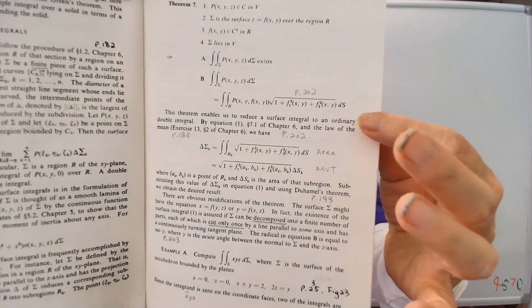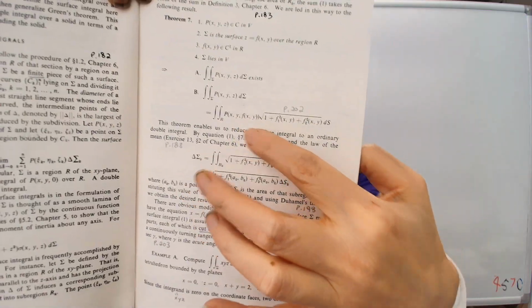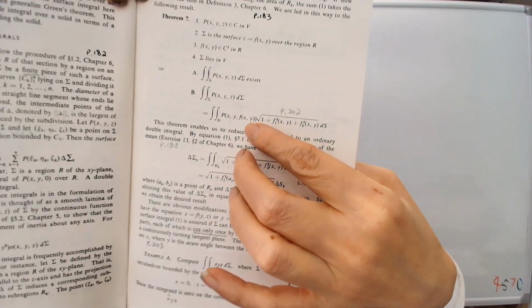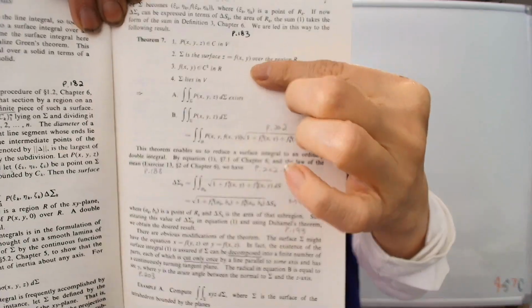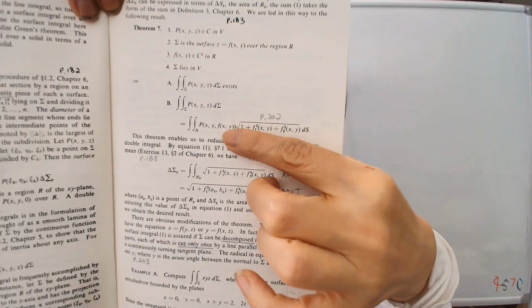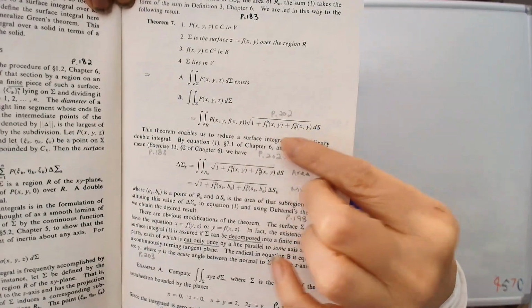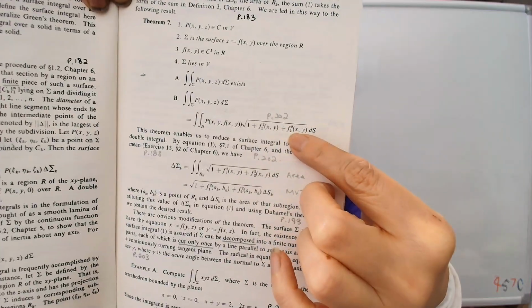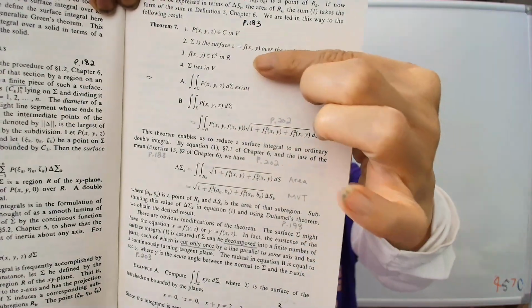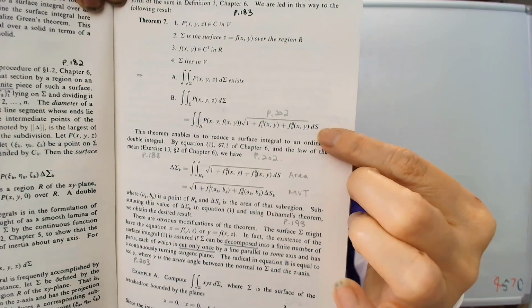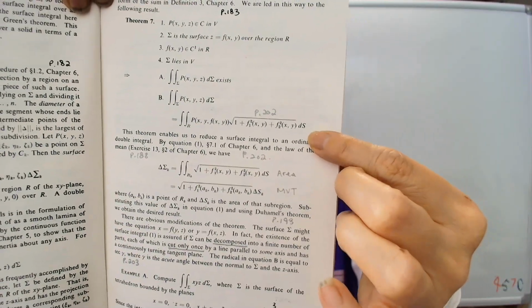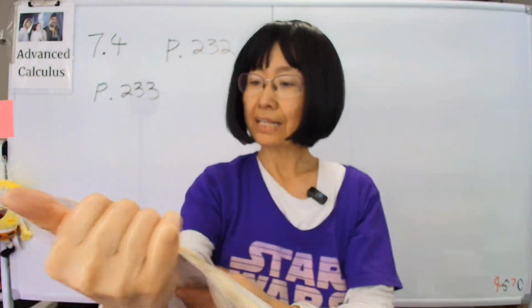It not just exists, but we can calculate it this way. We can calculate it by substituting z as f(x,y), because z equals f(x,y) on the surface. So we substitute there, and then plug this thing in. This f1 and f2 come from z equals f(x,y) here, and then we integrate it like a regular double integral. So that is the formula.